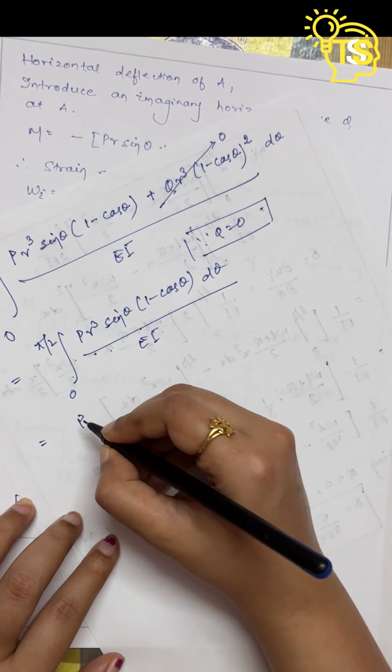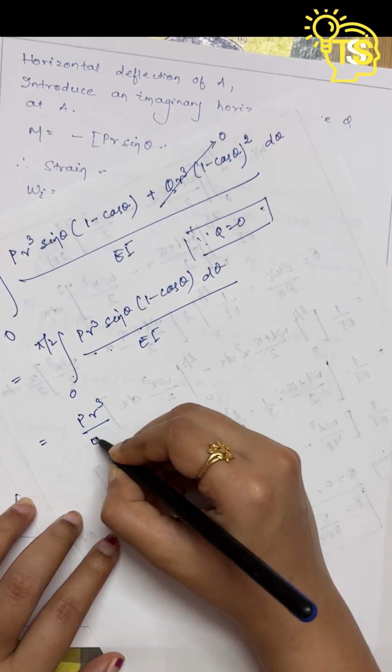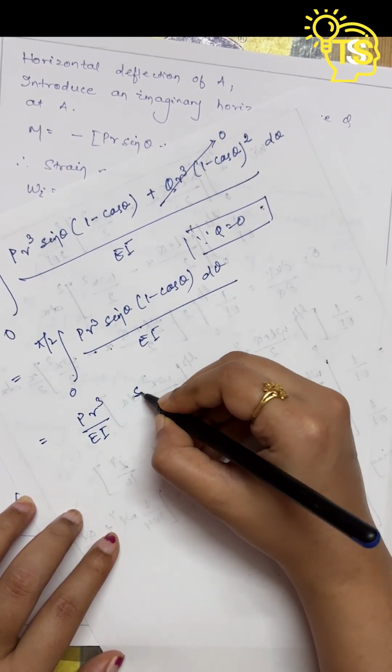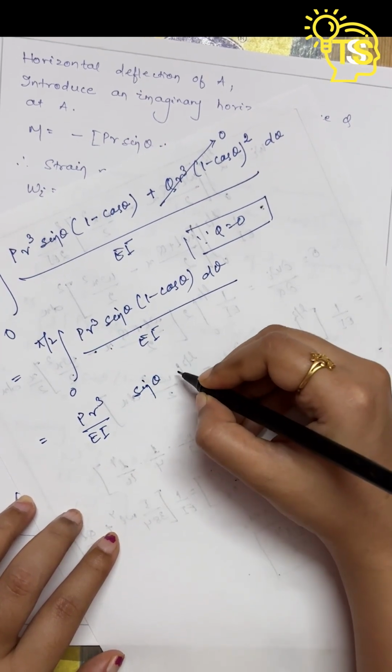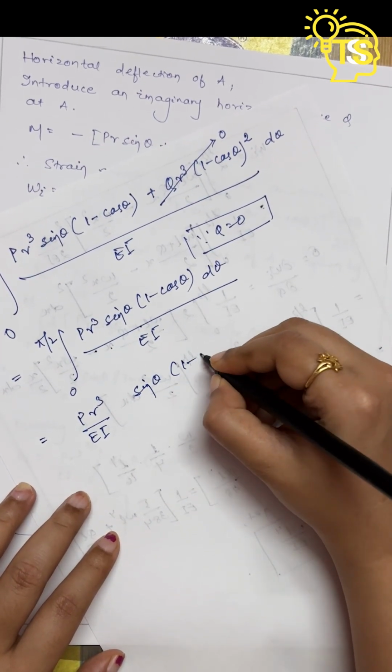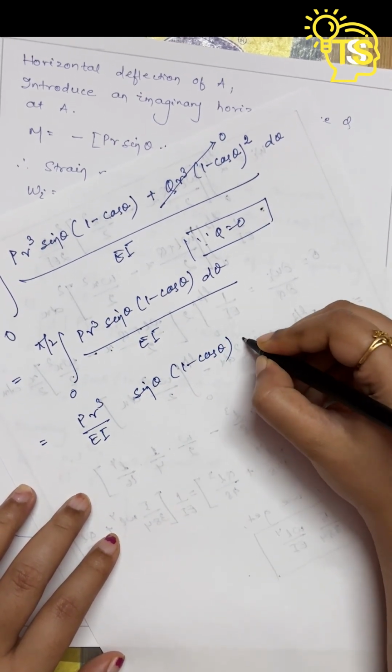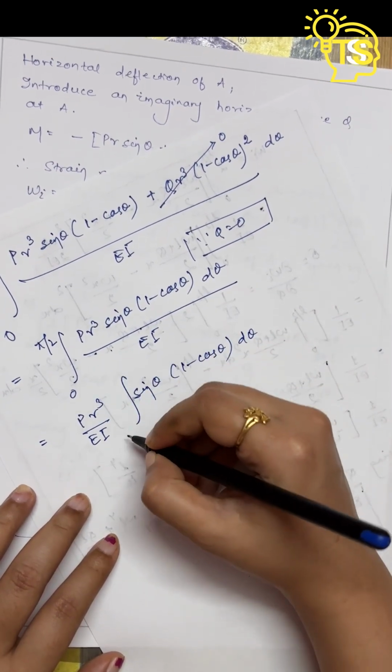Let's take out PR cube upon EI outside. We will get the integral of sin theta (1 minus cos theta) d theta.